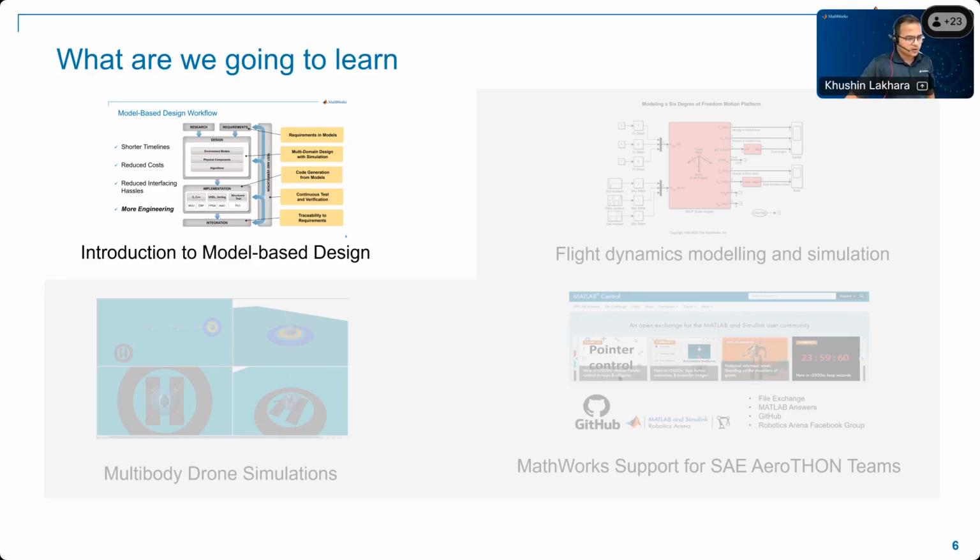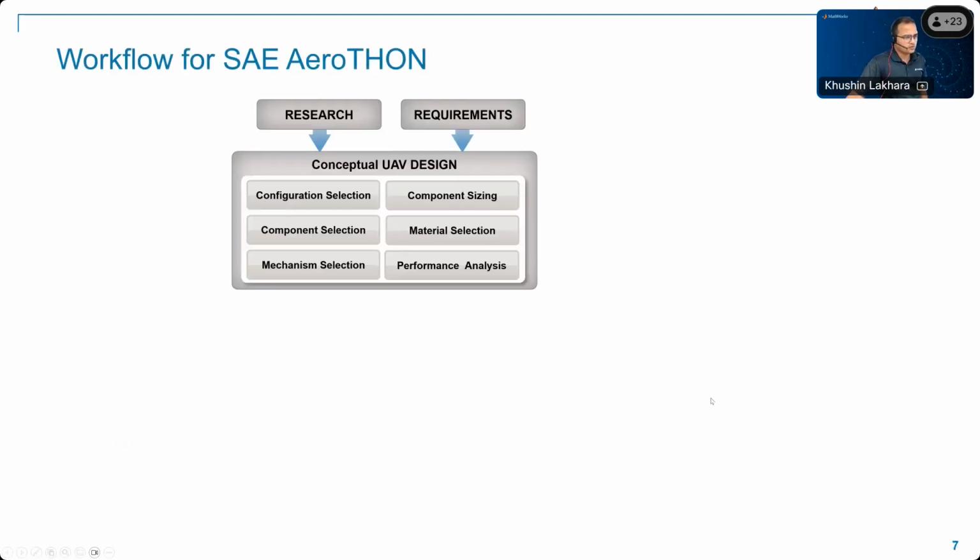So let's see how the industry does it, but more from an Aerothon perspective. If we talk about the workflow for Aerothon, how do the teams design their rotorcrafts? They do research based on what existing technologies are available and what the previous year configurations are. Accordingly, they do component sizing, material selection, and performance analysis.